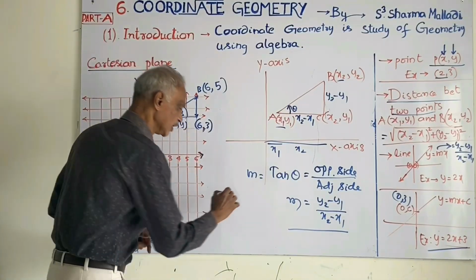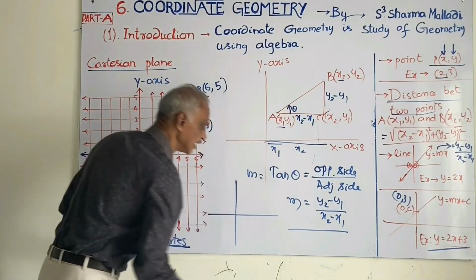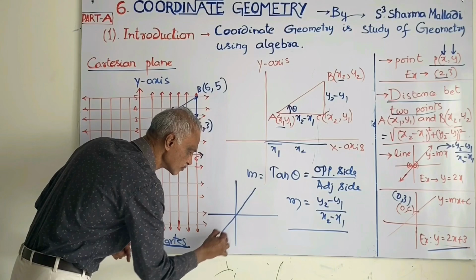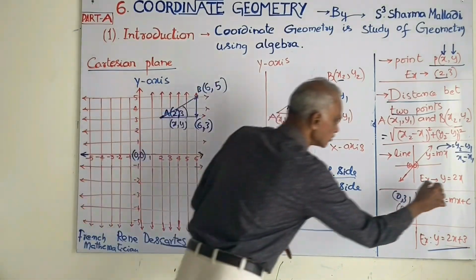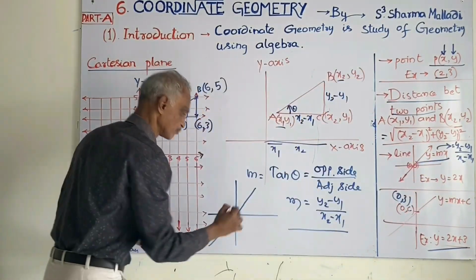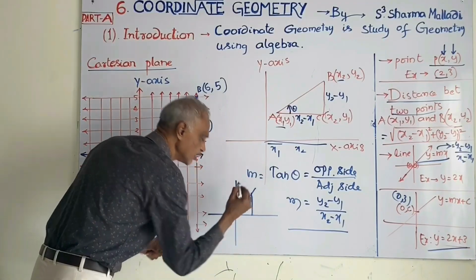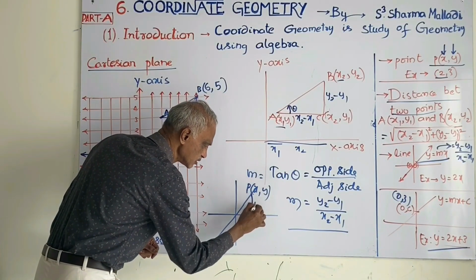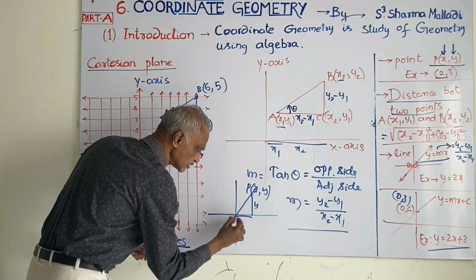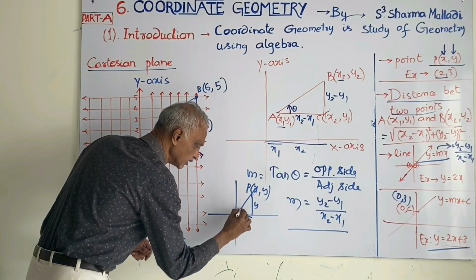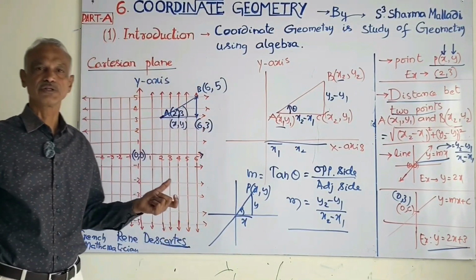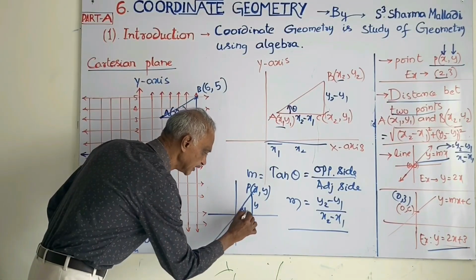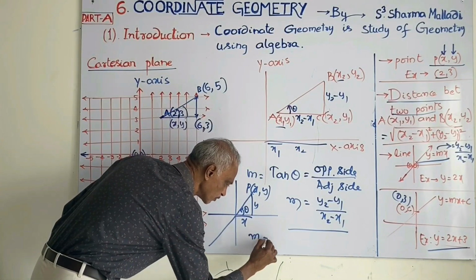And also we have to find the slope of a line which is passing through the origin, that is y is equal to mx. We have to generalize, so take a point P(x, y) here. This distance is y and this distance is x, so the angle made by the line with the positive direction of the x-axis will be theta. Tan theta is the slope of the line.